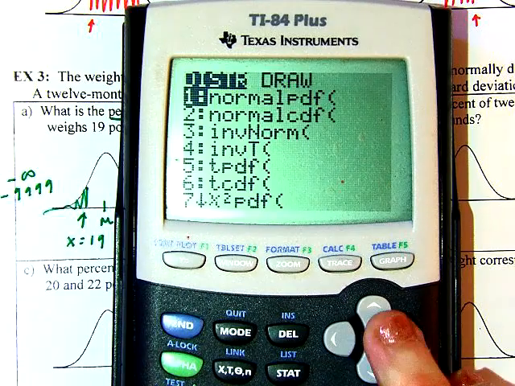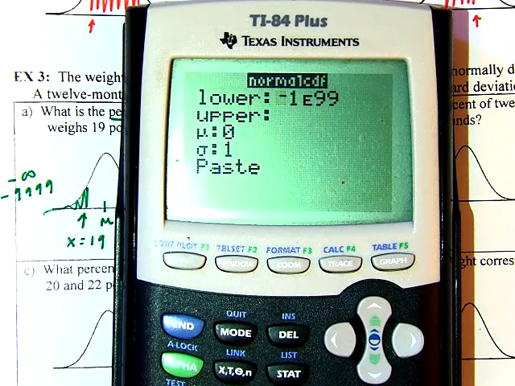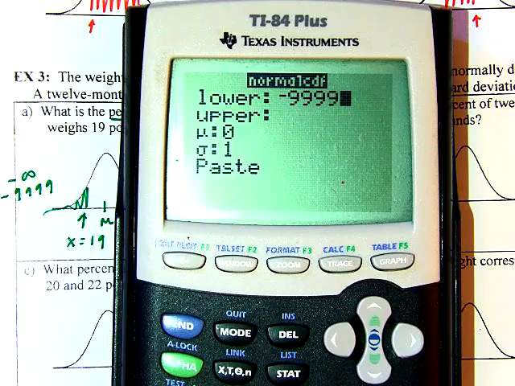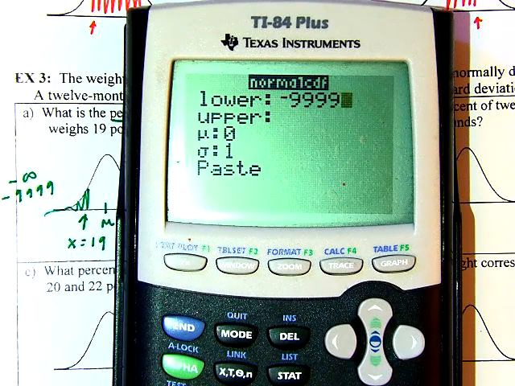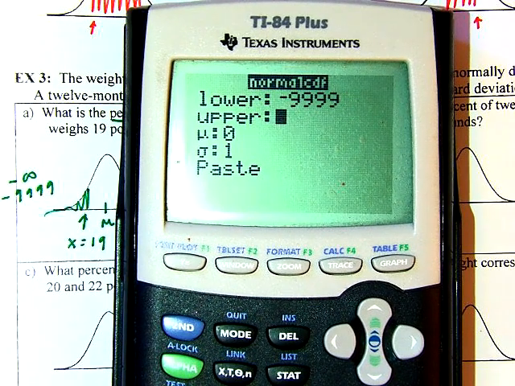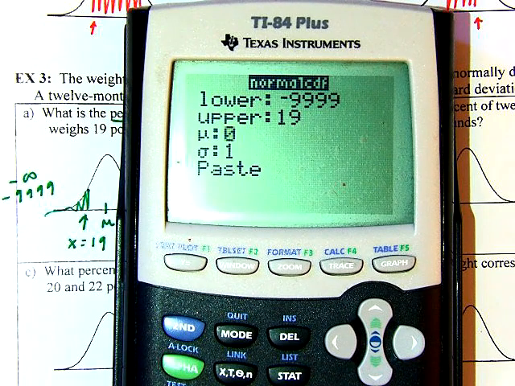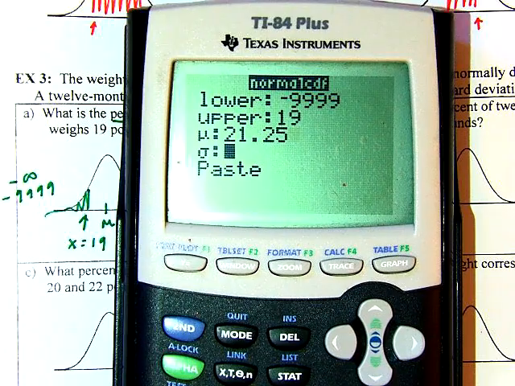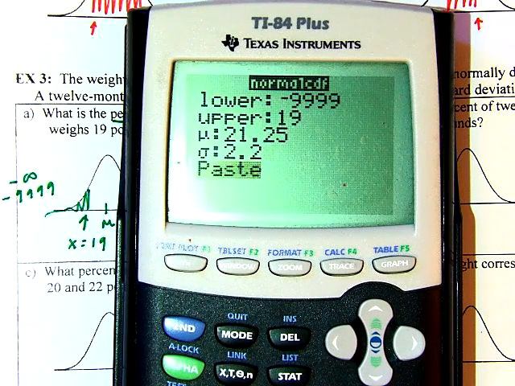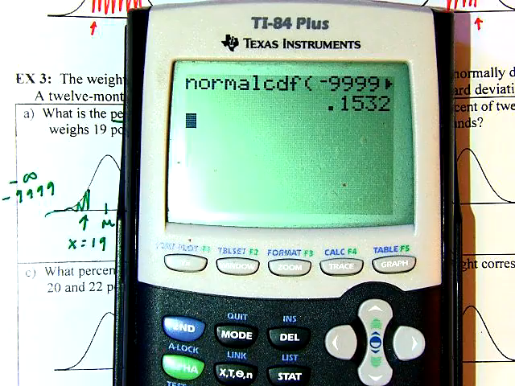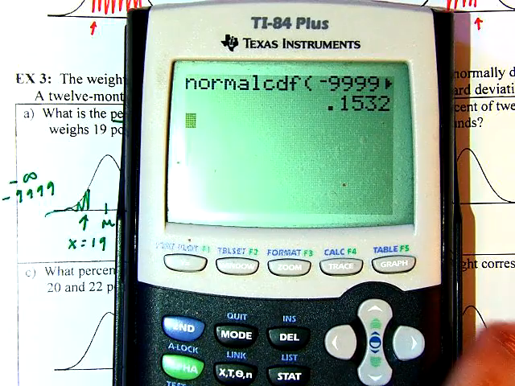So back to our distributions, normal CDF, from our placeholder, negative 9,999, up to a 19-pound baby girl. But now we know that our mean is 21.25 and our standard deviation is 2.2. So it's going to give me the proportion that falls in that region, 0.1532.